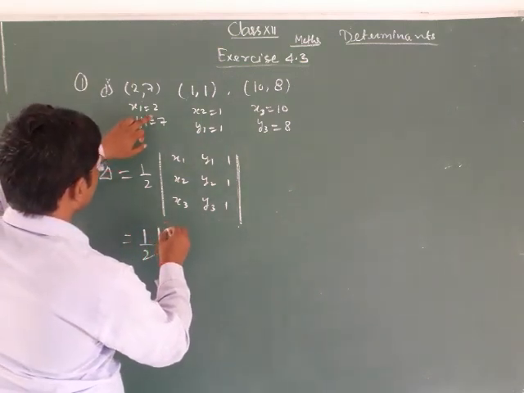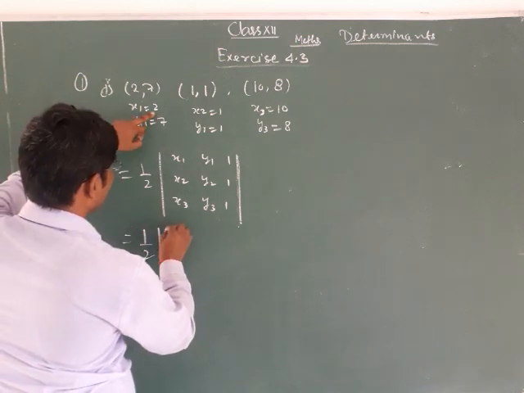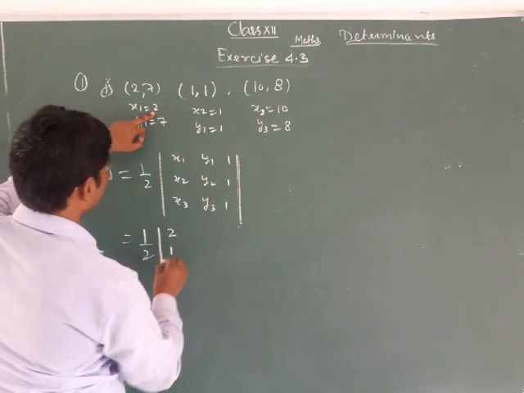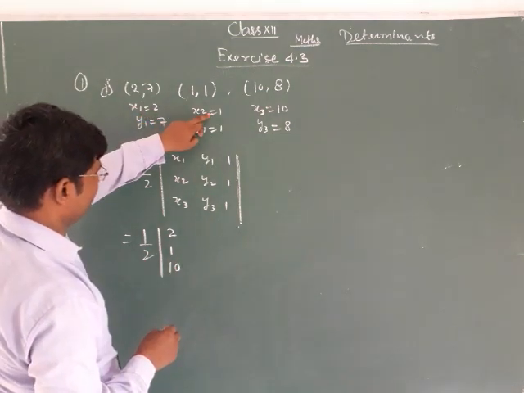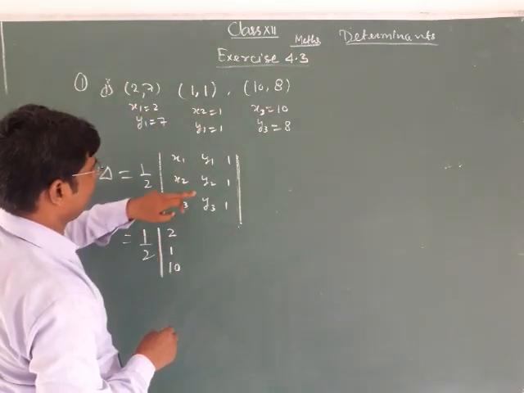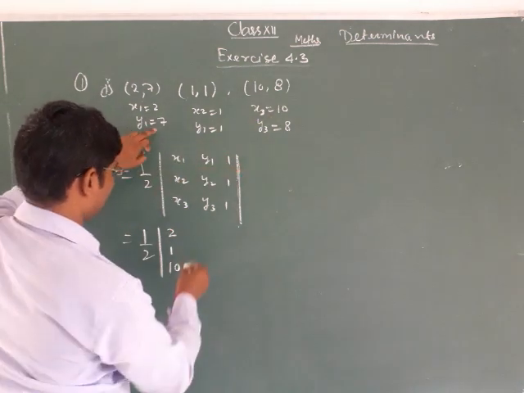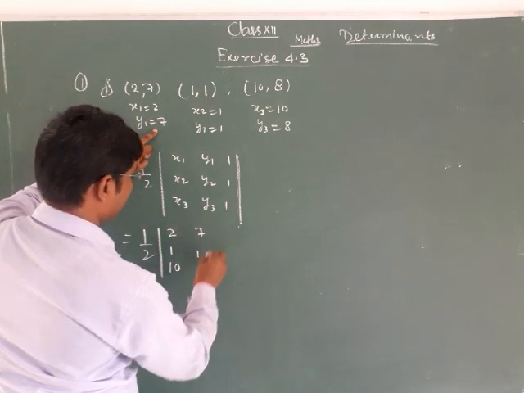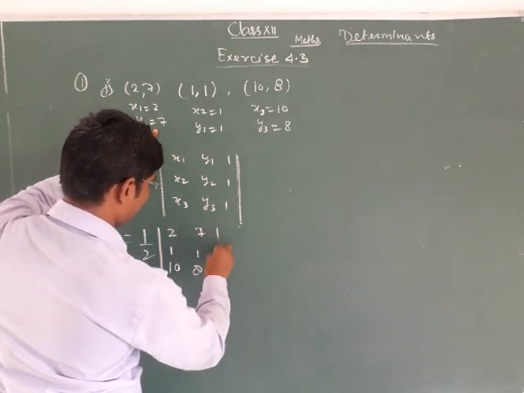Now place x1 2, x2 1, x3 10, y1 7, y2 1, y3 8, and 1 1 1.